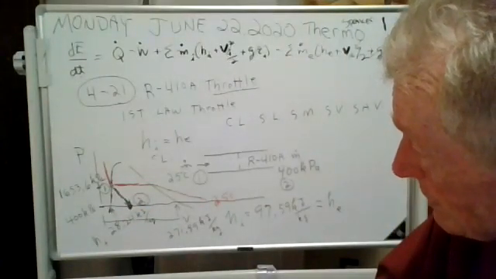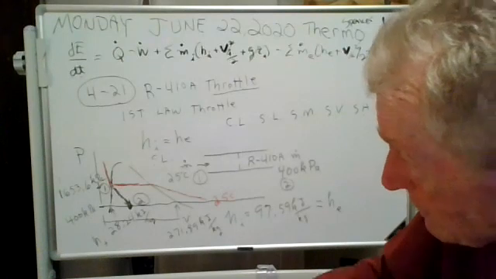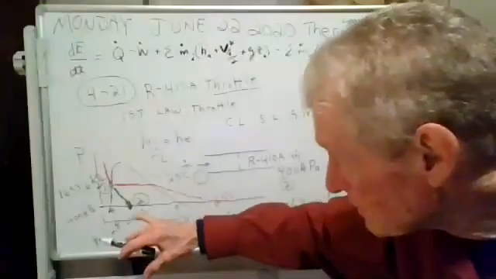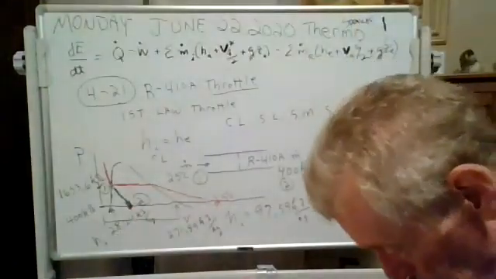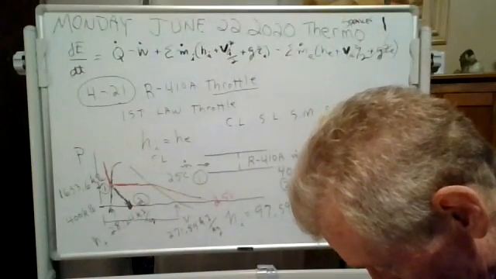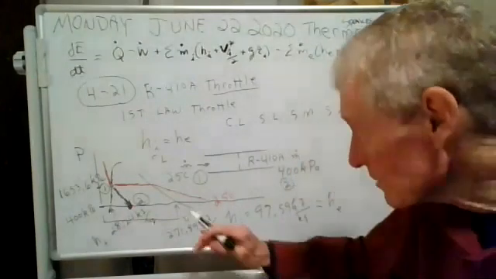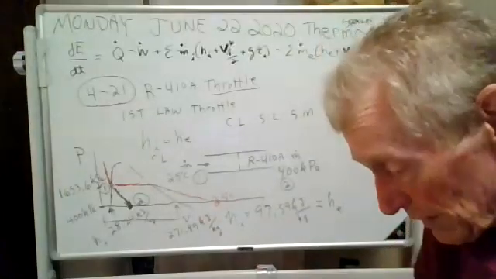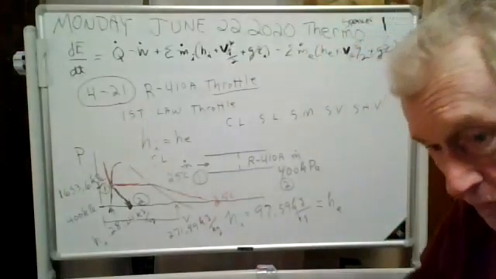So what? Well, I can get the temperature just reading it off the chart. They've got 399.6. You know what? That's minus 20, according to the table.